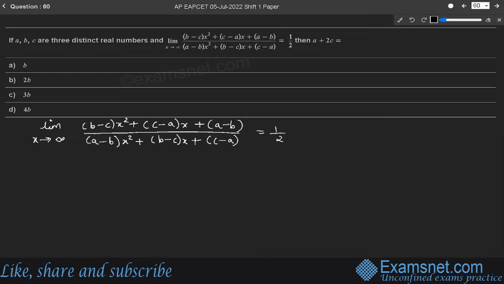We have to find a plus 2c. So first let us cross multiply this term.